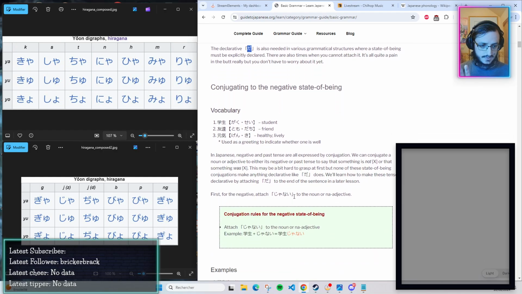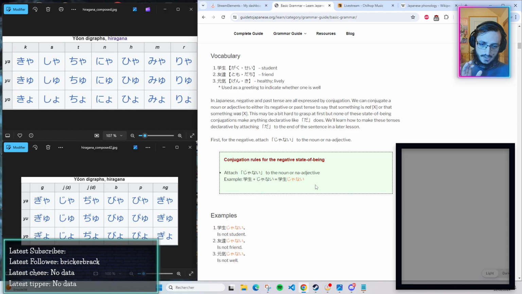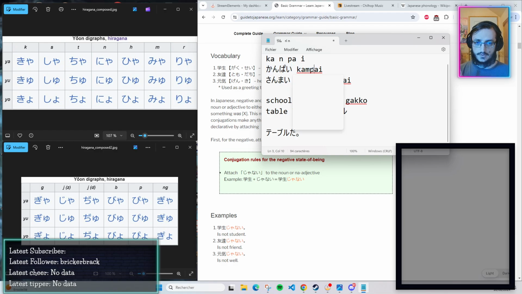So that will be all for today, because I don't want to go over an hour. Today we had hiragana, katakana. We had the composed ones, the digraphs, as they are called. So kya kyu kyo, sha shu sho, etc. We saw some words too, like kampai for the irregular, sammai for another irregular, which becomes mai.